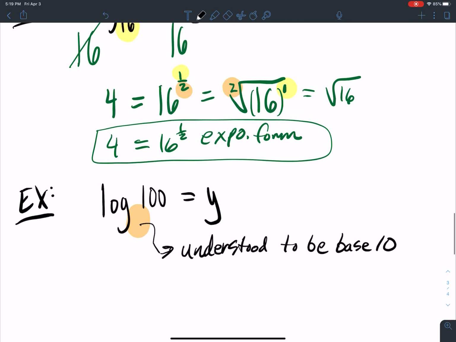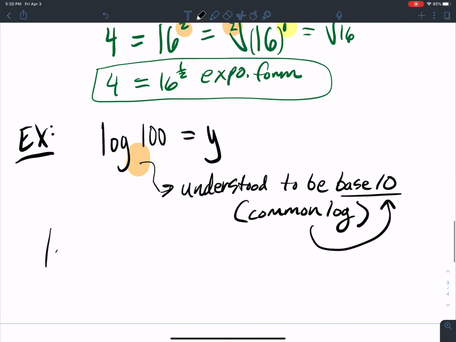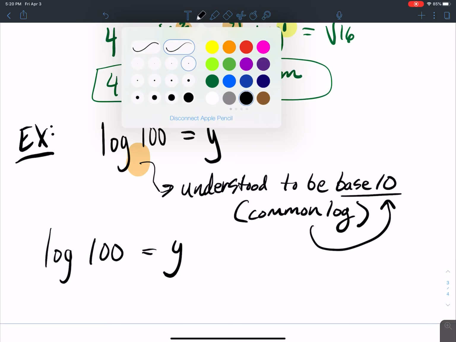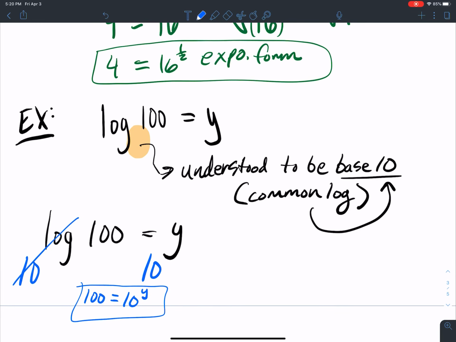If there's no number there, it's just log, then we use the common log, which is base 10. So how do I fix a common log, base 10? I raise both sides. I have 10 here and 10 here. Those cancel, and I get 100 equals 10 to the y. This equation is easier to solve than log 100 equals y, unless you have a calculator.